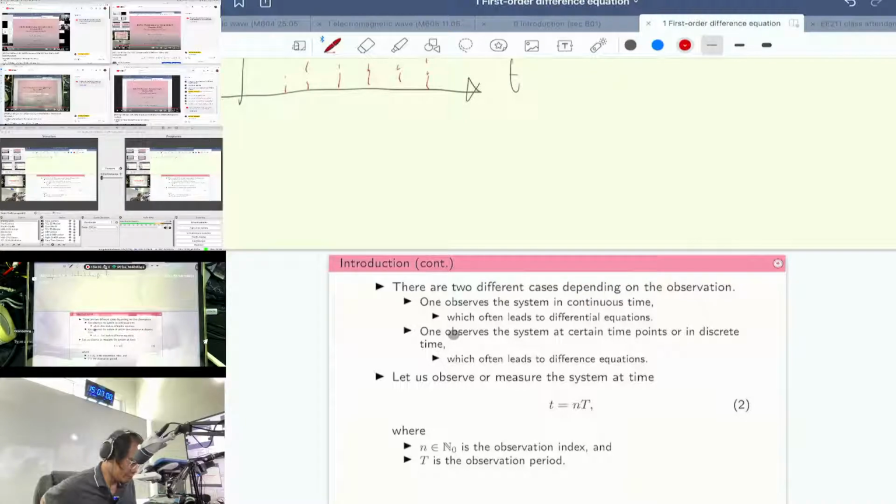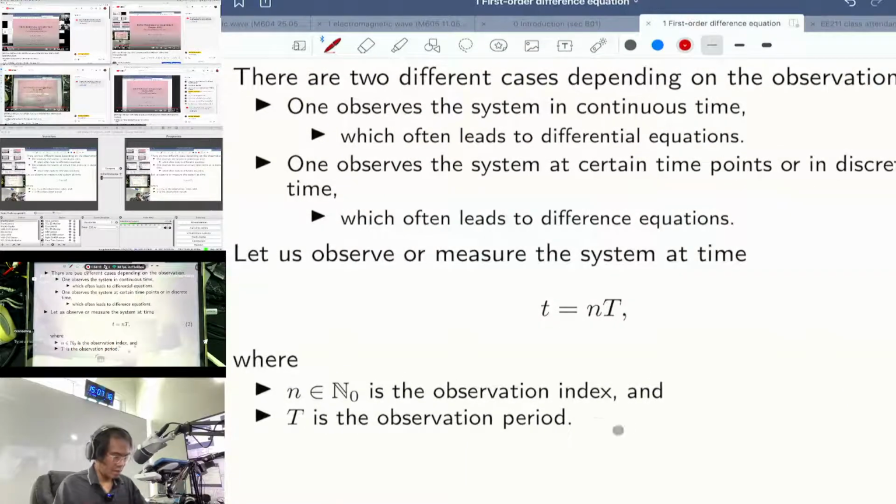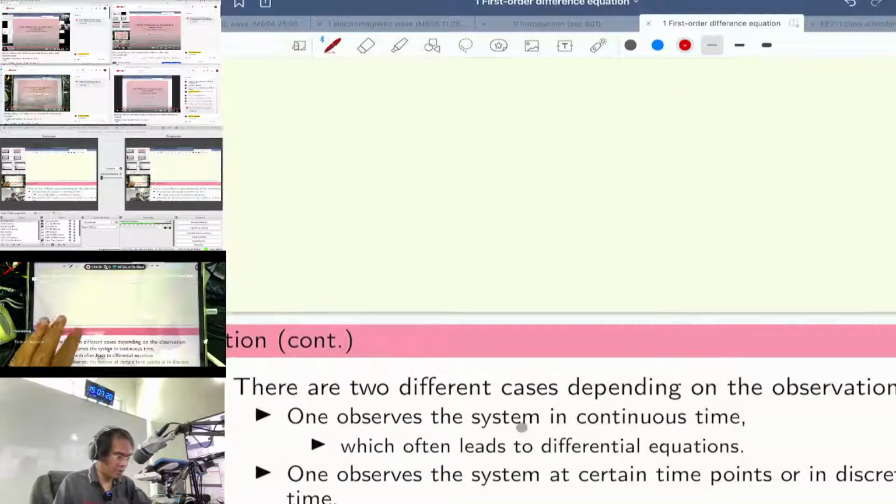Let us observe the system at time t. Once our t is letter n, small n, and capital T. Okay, n is the index of observation, and T is the observation period. What is that?